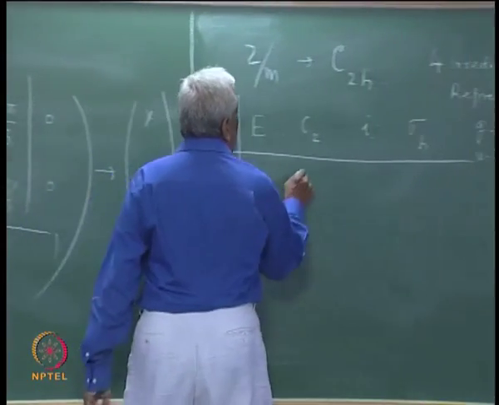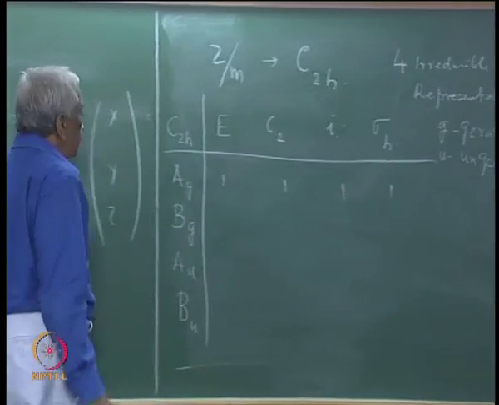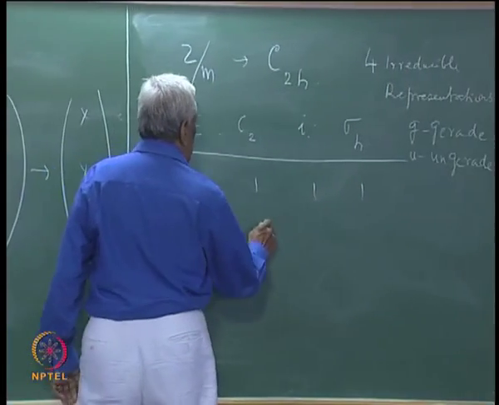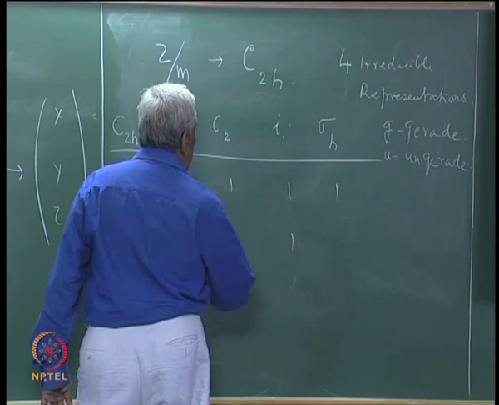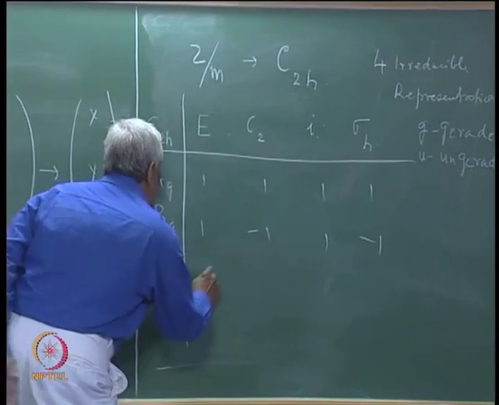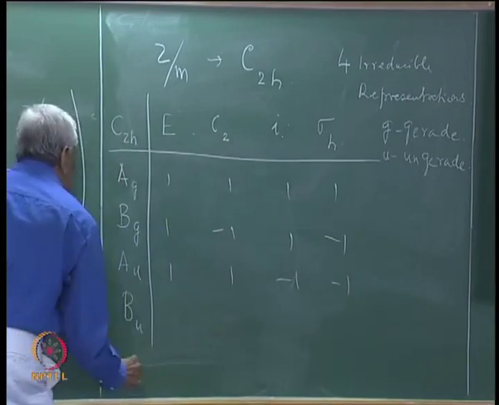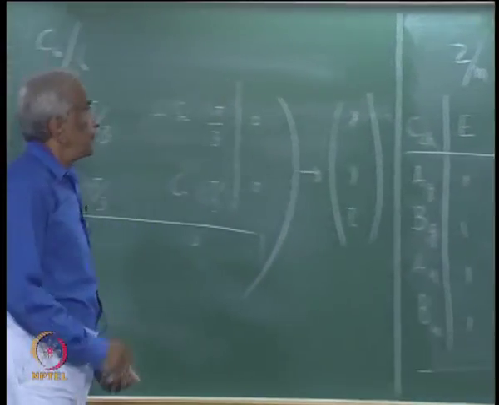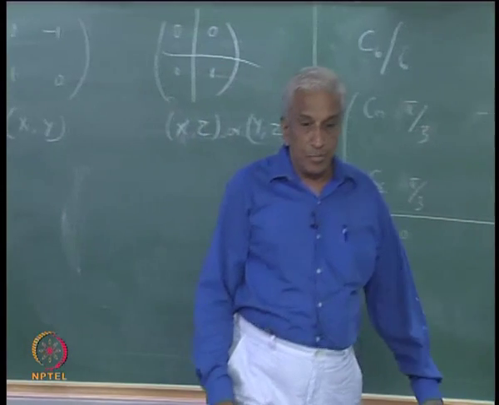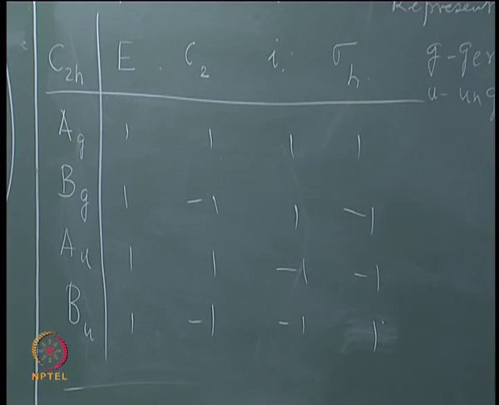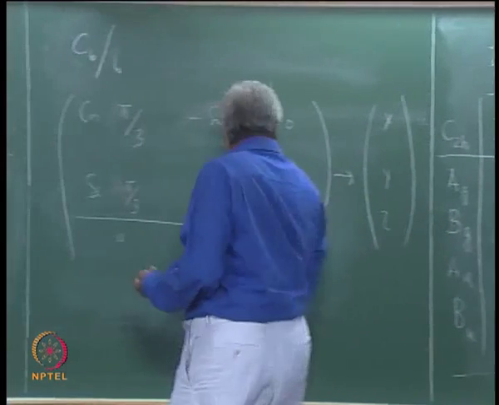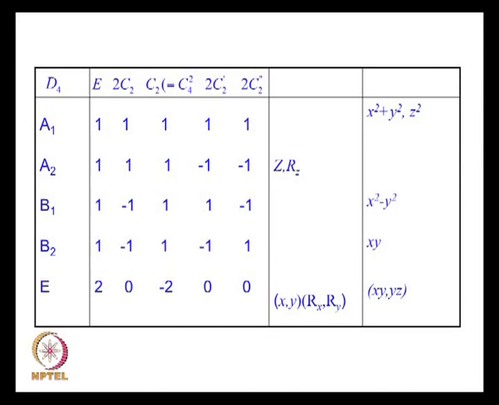So, this will have 1 1 1 1 and this will have 1 1 minus 1 minus 1, this will have 1 1 minus 1 minus 1. So, that would be the character table for the group 2 by m or C2h. We now pass on to the next point group and proceed to construct the character table.